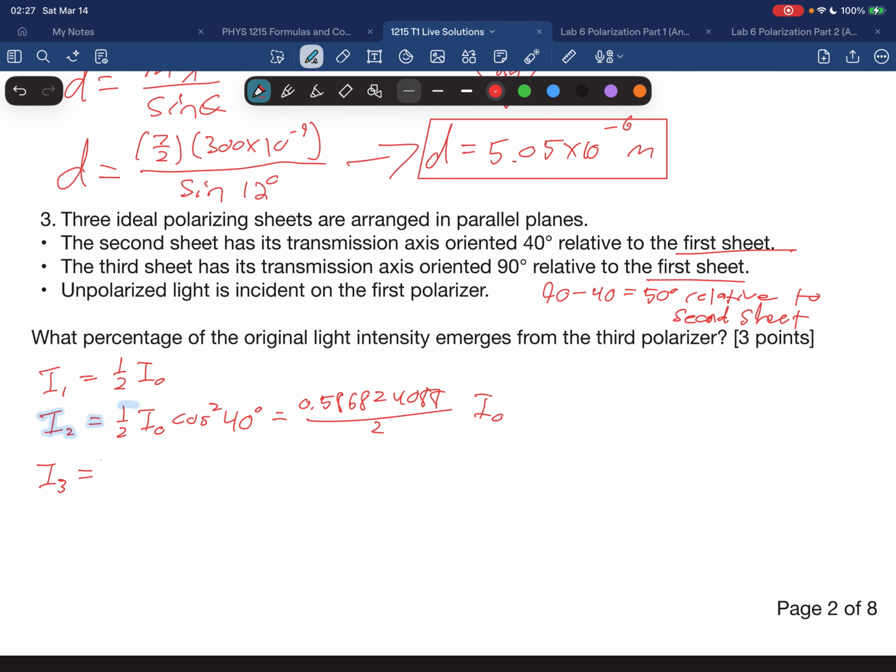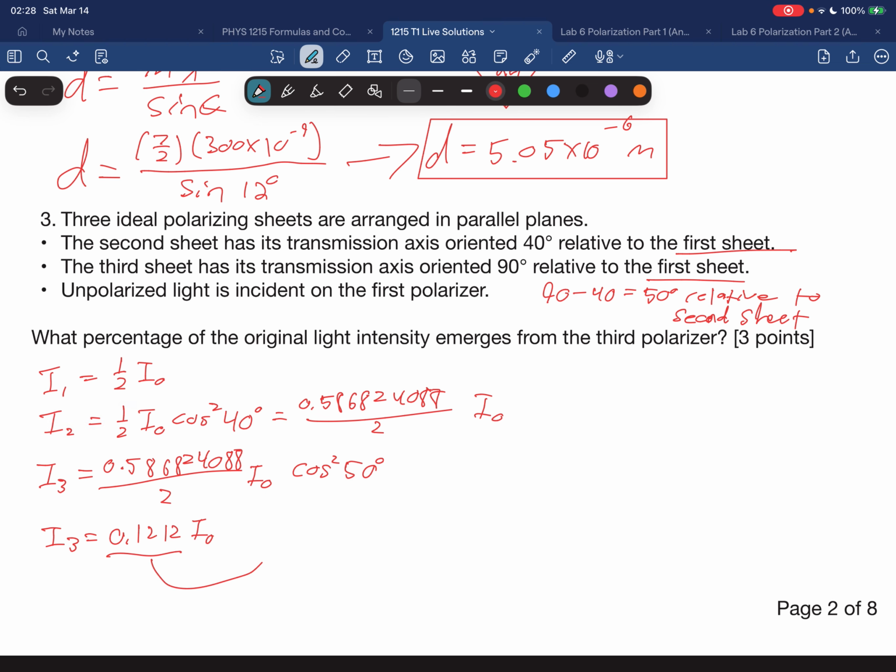Now for the third, we take that amount of light that makes it through the second polarizer, and we multiply it by the cosine squared of the 50 degree angle we already found between them. And plugging all that in, you get about 0.1212 I naught.